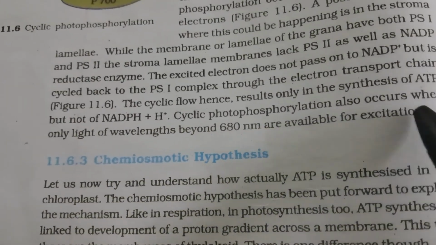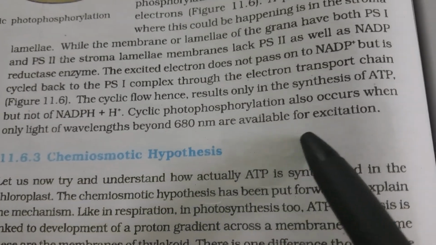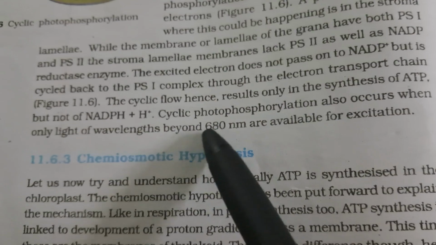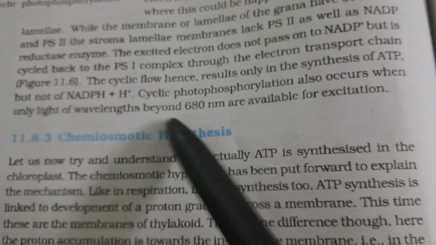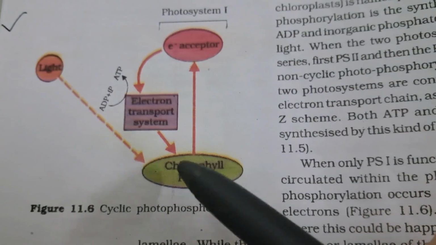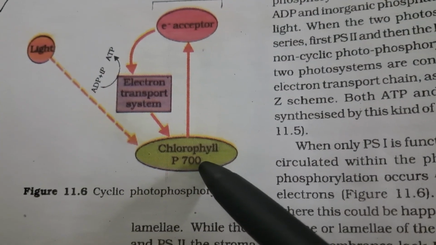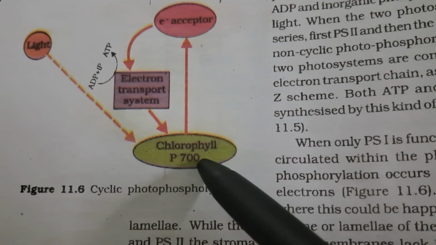Cyclic photophosphorylation also occurs when only light of wavelength beyond 680 nanometer is available for excitation. Why did they mention beyond 680? Ponder upon it. Because here only PS1 is included and PS1 needs 700 nanometer, right? 680 was for PS2.